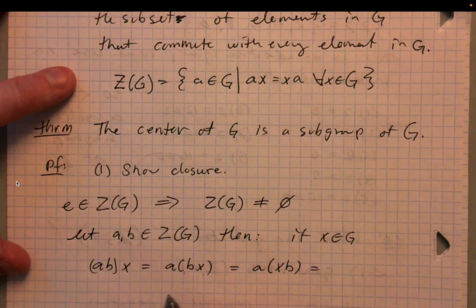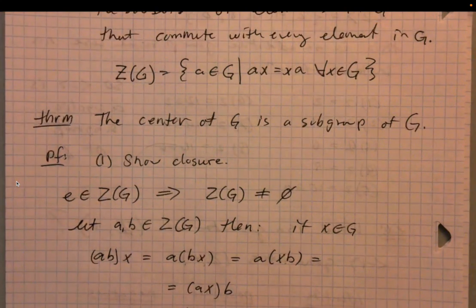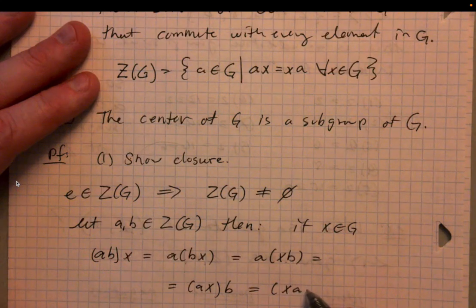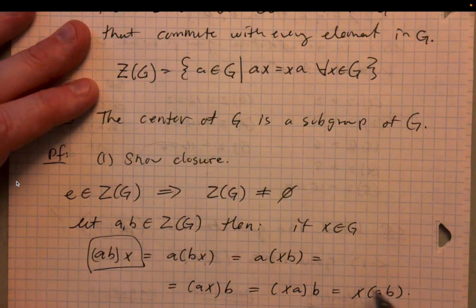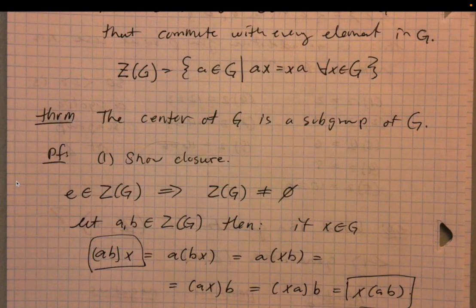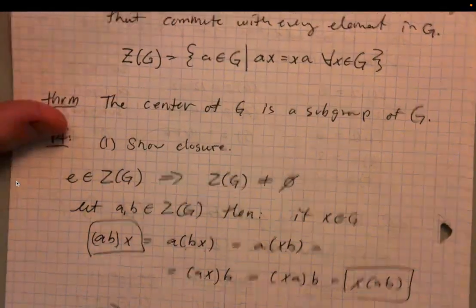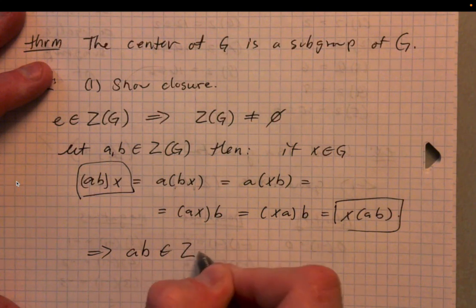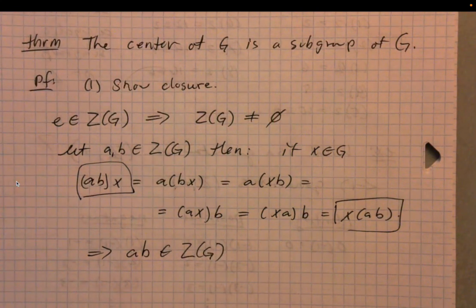And so that's equal to AX times B. And now we can do the same trick with the A and the X. They commute because A is in the center. And so what we've shown is that AB times X equals X times AB. So if A and B are in the center, then the product AB is in the center as well. So we have closure.